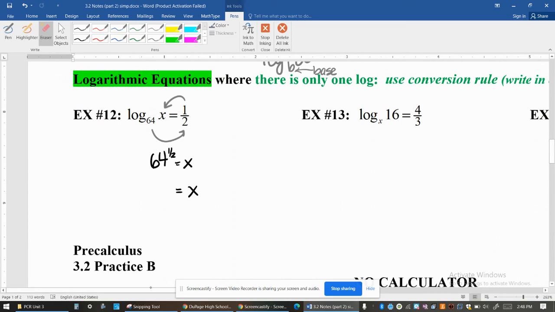So 64 to the 1/2 is actually the square root of 64. Oopsies, I don't know why I wrote a 6 there. Told you I was off my game. Okay, square root of 64 and then raised to the first power. Well, square root of 64 is 8, and 8 to the first power is 8. So the solution here is 8.